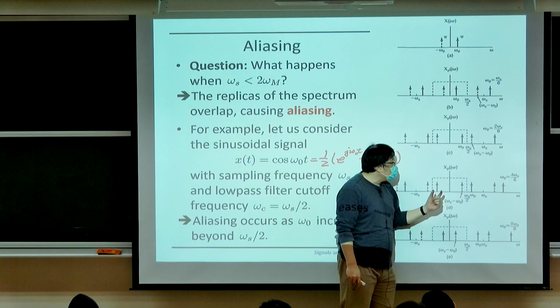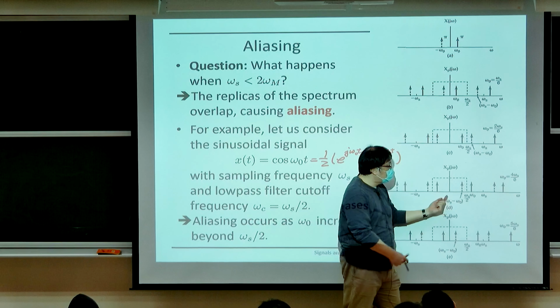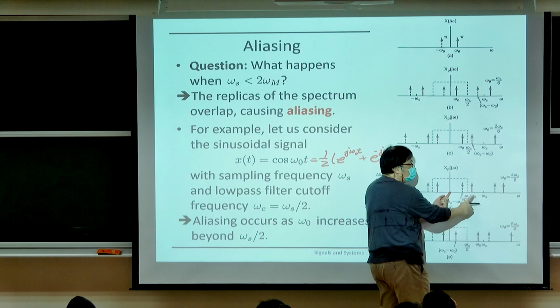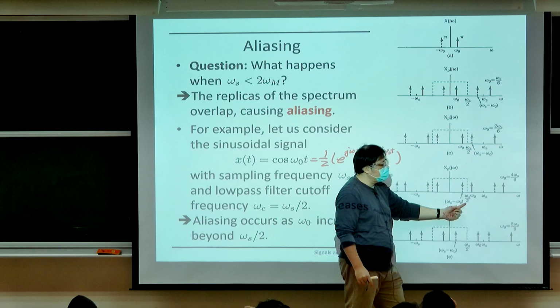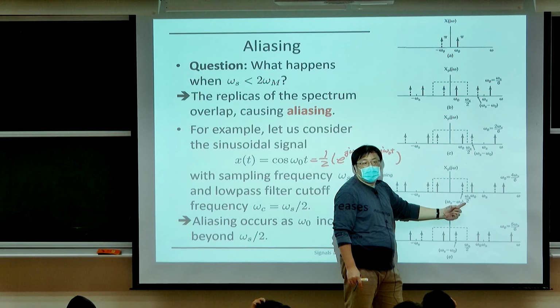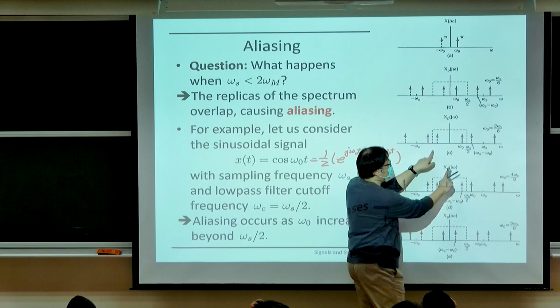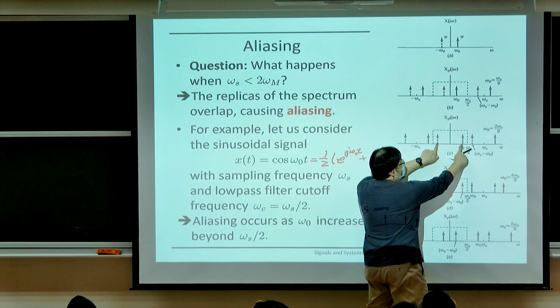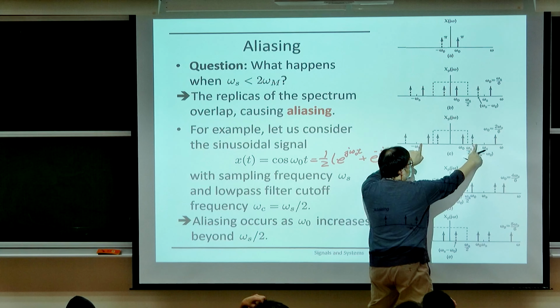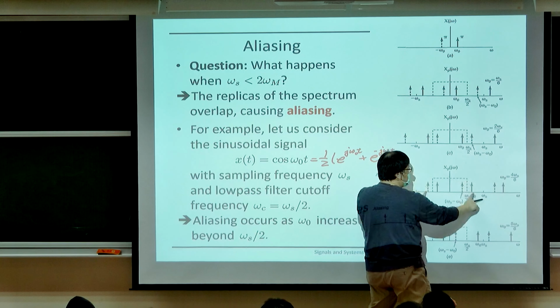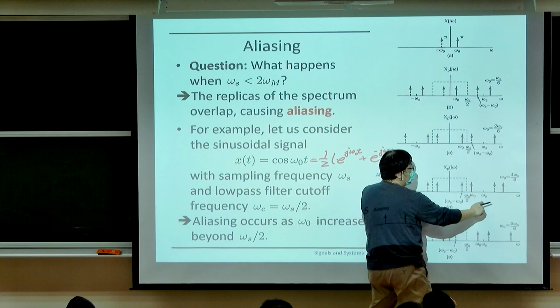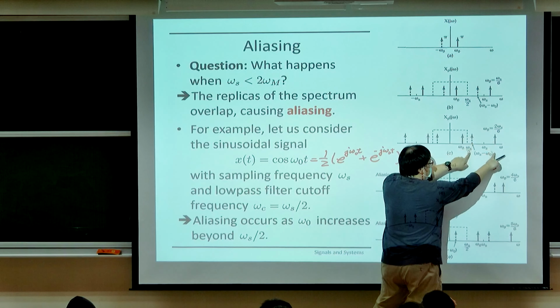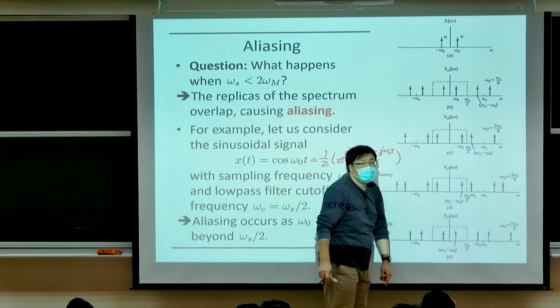But if we increase omega naught further, beyond omega s over 2, what happens? Originally, it's here, but now it moves here. And the replica on this side moves here.